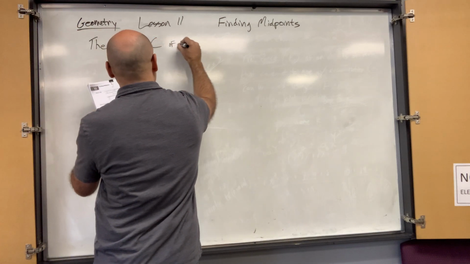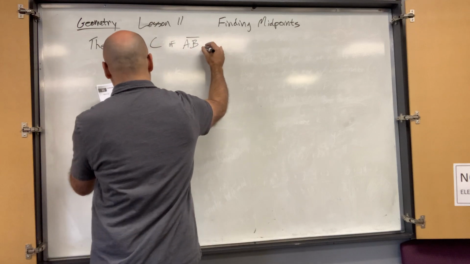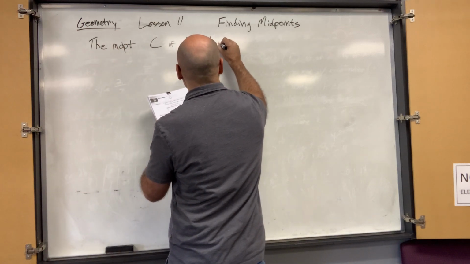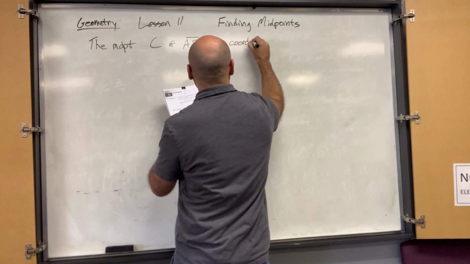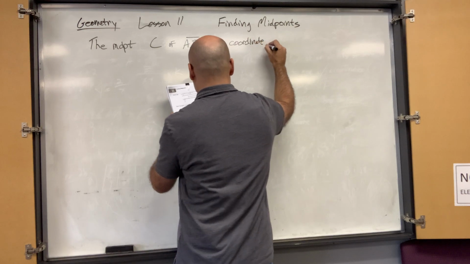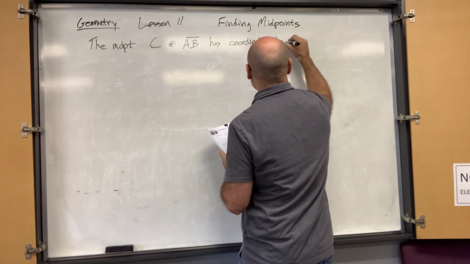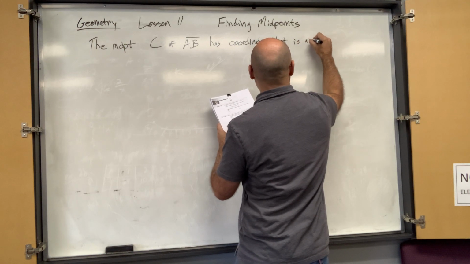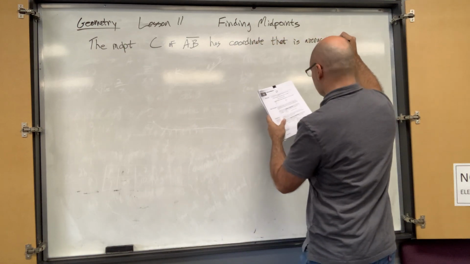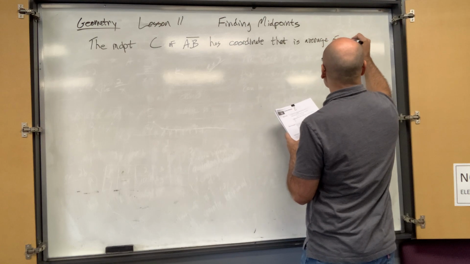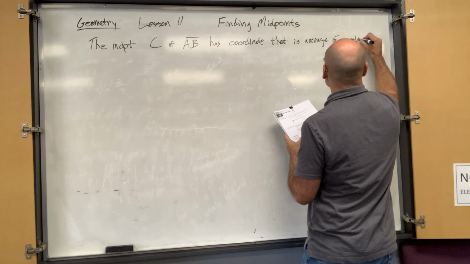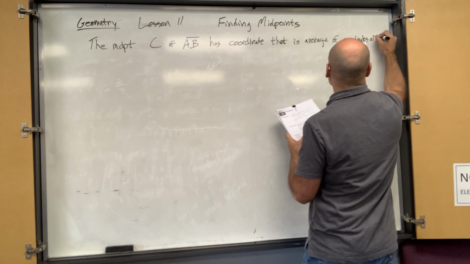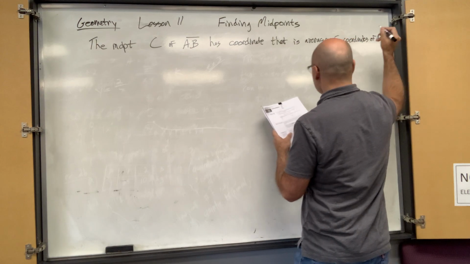The midpoint C of line segment AB has a coordinate that is basically the average of the coordinates of A and B. Can you see that?